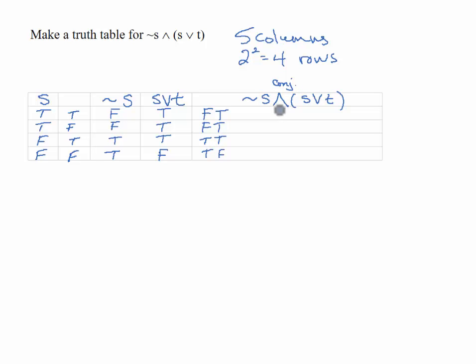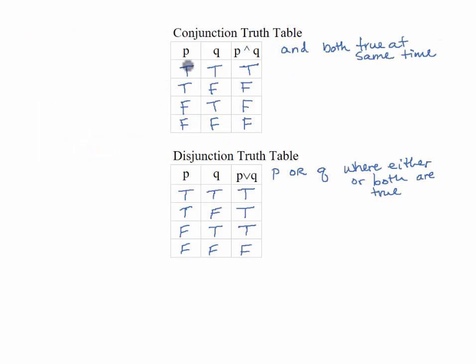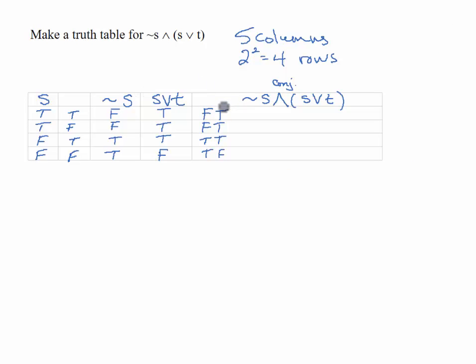Okay, now it's a conjunction. So my conjunctions were, if I had 2 trues, it was true. Otherwise, it was false. So let me see where I have 2 trues. Right here. 2 trues is a true statement. Every other time is going to be a false statement. And that's my final answer for that statement.